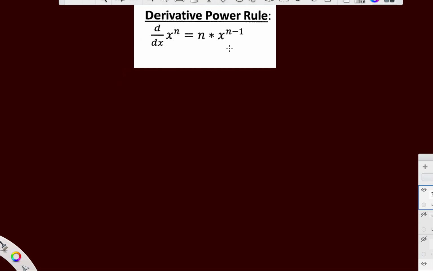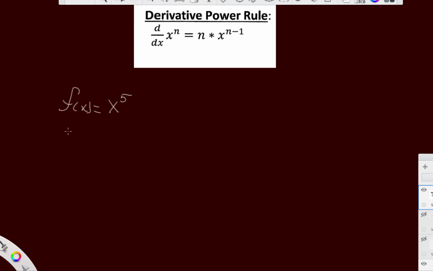And if you look at this formula, it just says if I have a function of x equals, let's say, x to the 5th power, right? That's my function. That's all it is. This says that the derivative with respect to x is the power times x, and then that power minus 1.